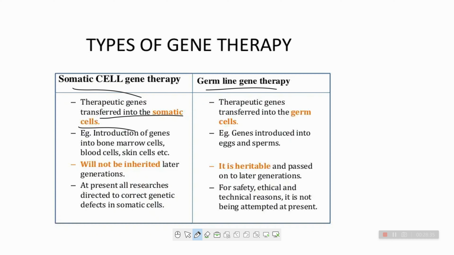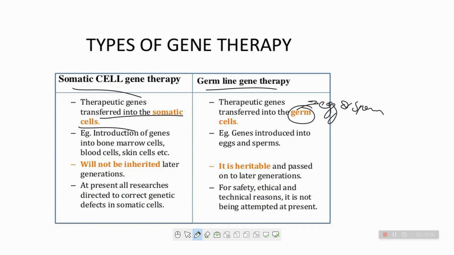That is known as somatic cell gene therapy. And if the therapeutic gene is transferred into the germ cells, like an egg or a sperm, then this is known as germline gene therapy.